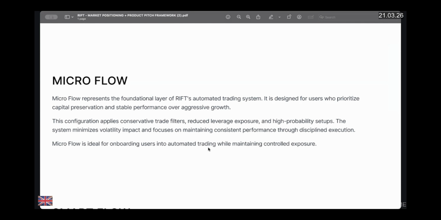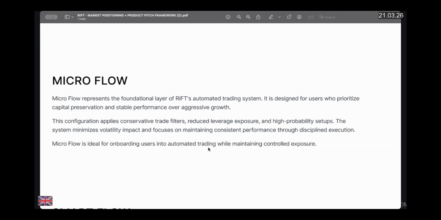This configuration applies conservative trade filters, reduced leverage exposure, and high probability setups. The system minimizes volatility impact and focuses on maintaining consistent performance through disciplined execution. Micro Flow is ideal for onboarding users into automated trading while maintaining controlled exposure.